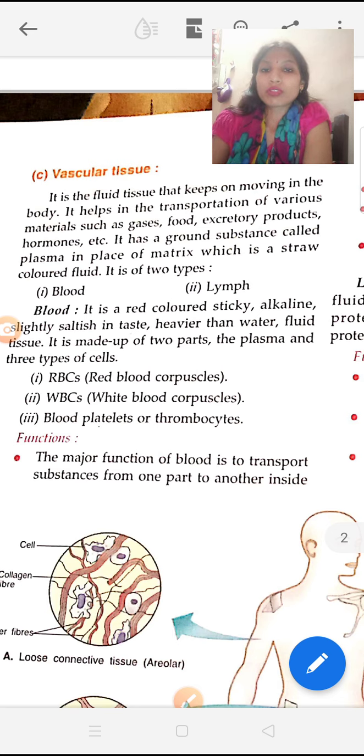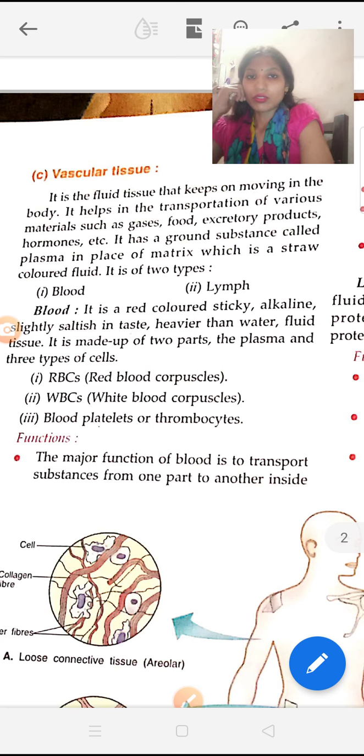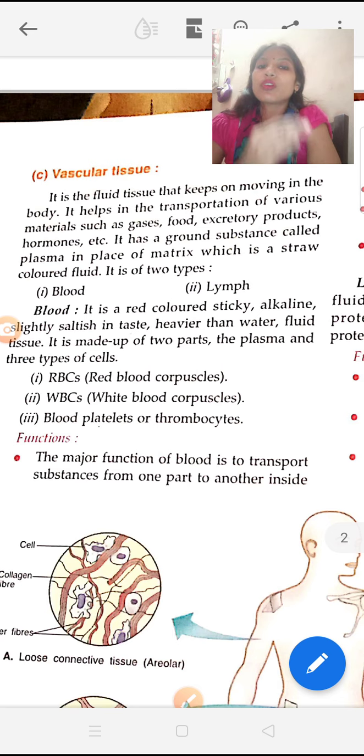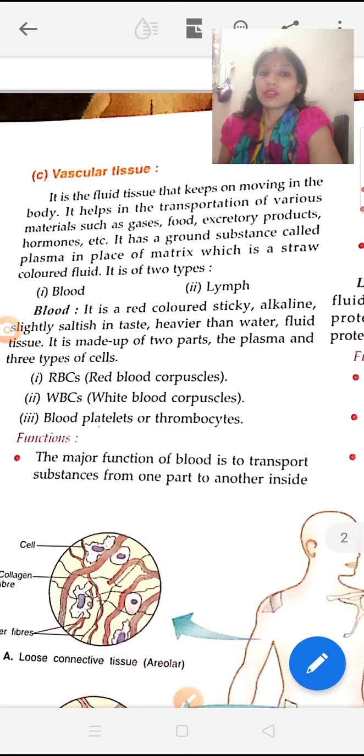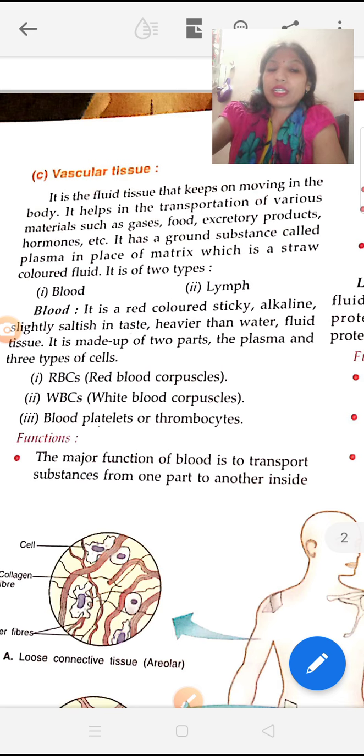If we talk about the vascular tissue, it is liquid. It is the only tissue which is liquid, right? And it always keeps on moving in the body, and it helps in the transportation of various materials, right? So these are the two types, the blood and the lymph.